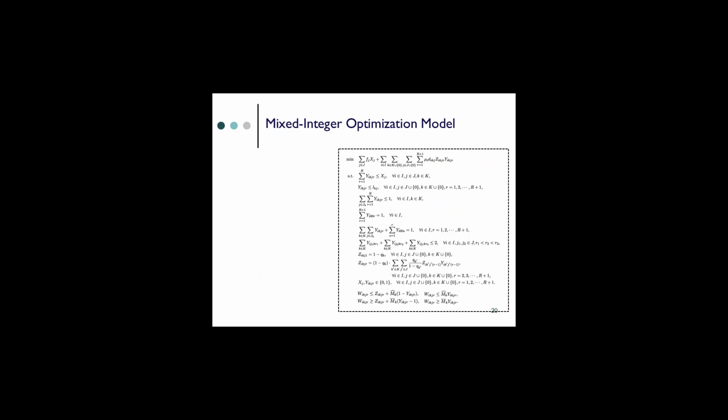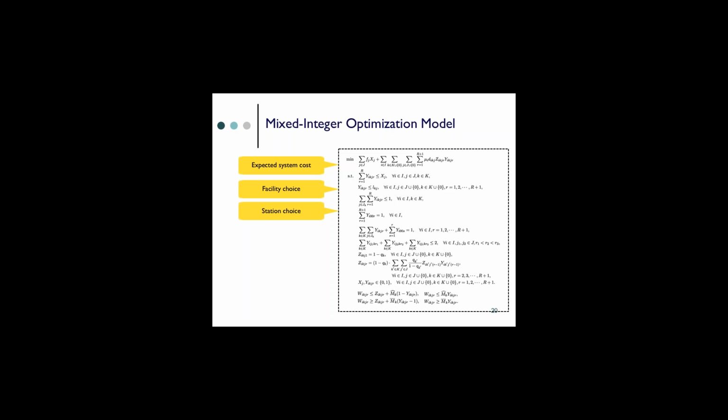Major part of the optimization model is listed here. We are minimizing the total expected system cost, including the fixed cost and the transportation and penalty cost. There are several constraints. We call it facility choice. This means a customer can be only assigned to a location if there's a facility there.